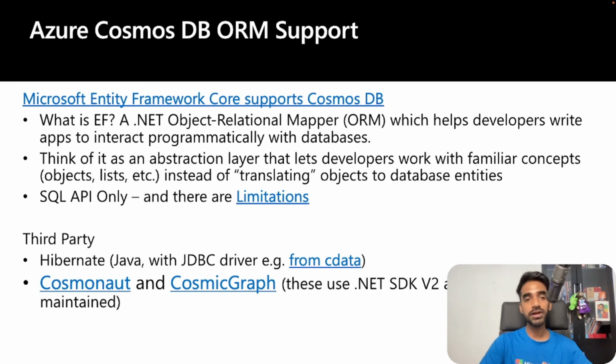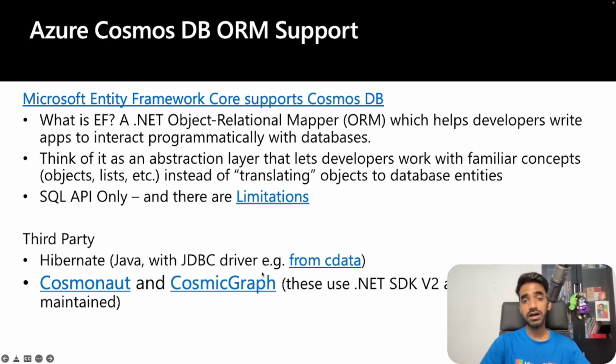There are some third-party ORMs such as Hibernate, which is very popular in the Java world, and there is also a JDBC driver, so you can use those to talk to Cosmos DB as well. Finally, there are two libraries named Cosmonaut and Cosmic Graph, which you might have seen in the past, and which were very heavily used among developers.